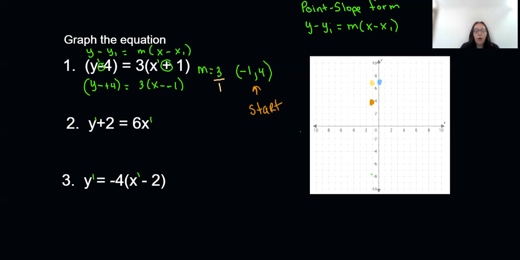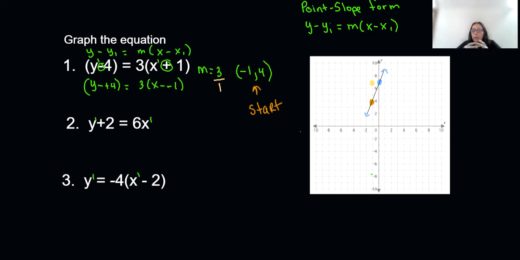So now I can connect my first and my third dots, and I have my line. Boom. I'll put my little arrows at the end to represent the line. So there you go. My slope was positive, so the line had to be going up.